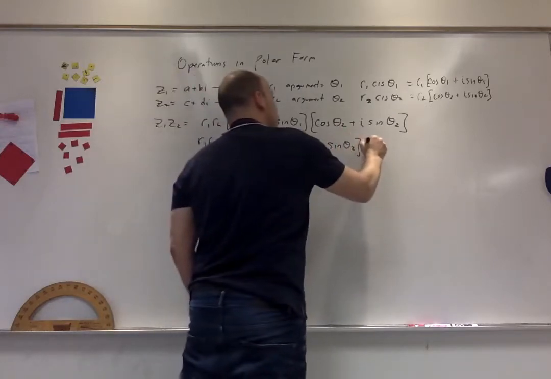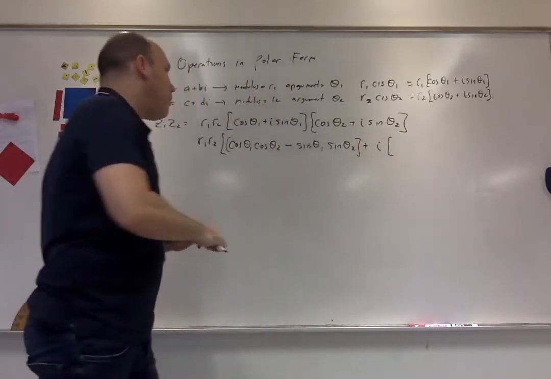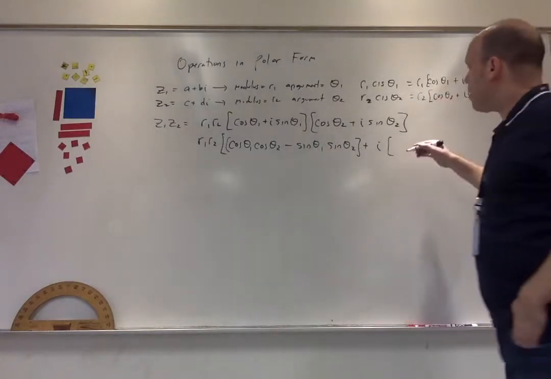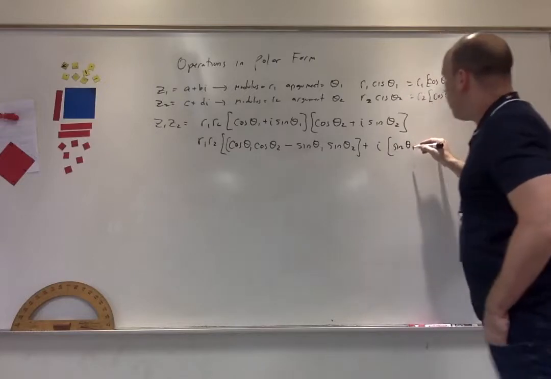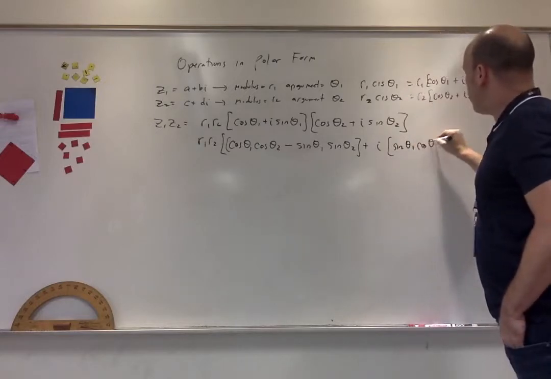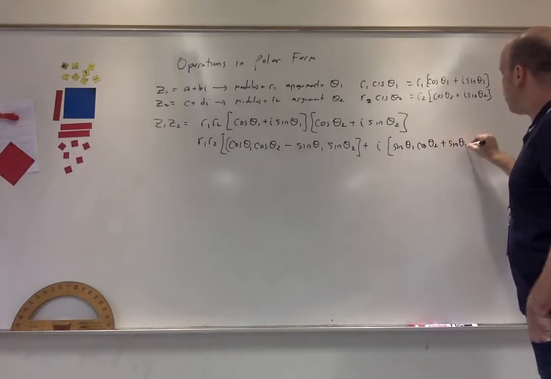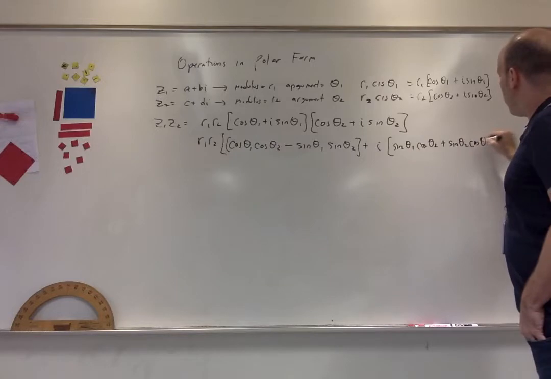And then the imaginary part, what's the imaginary part here? The imaginary part is we have sine theta 1 cosine theta 2 plus sine theta 2 cosine theta 1.